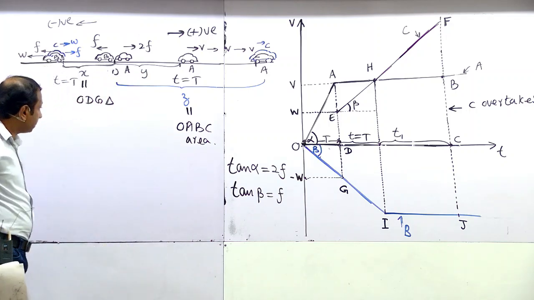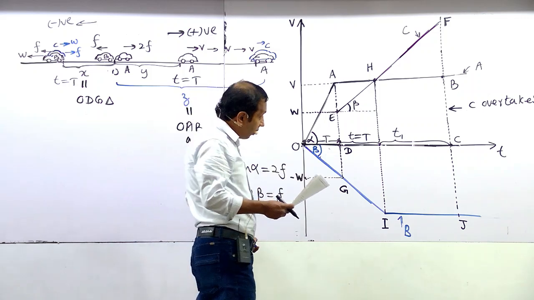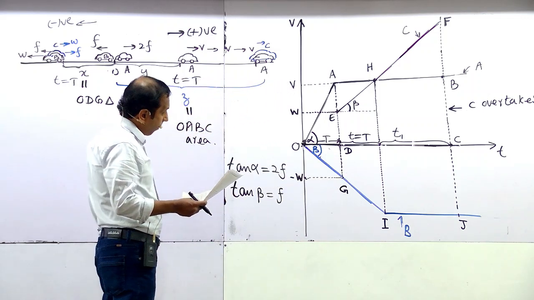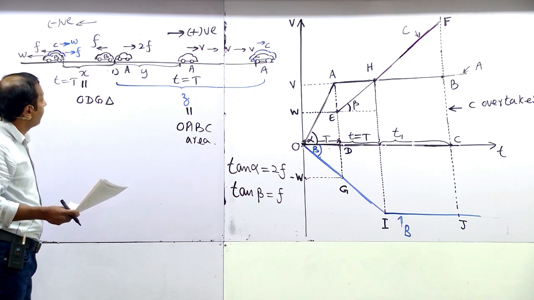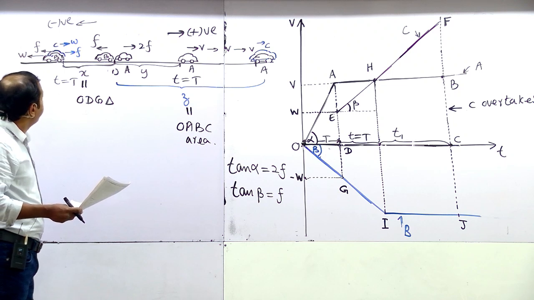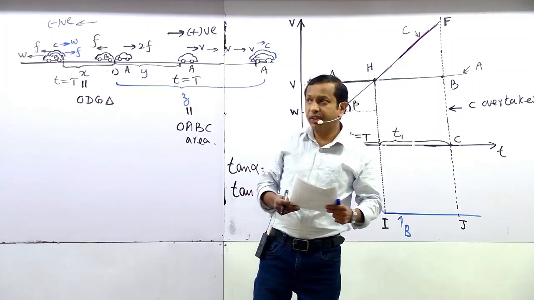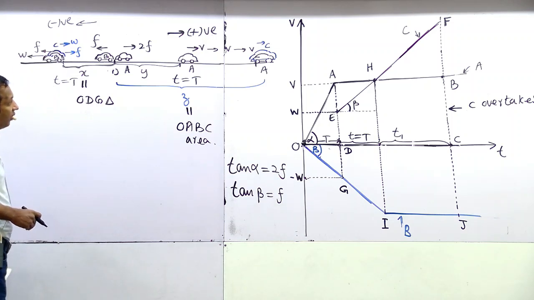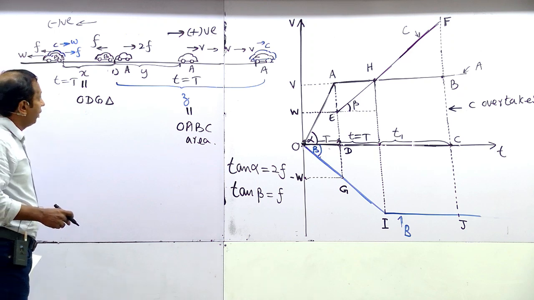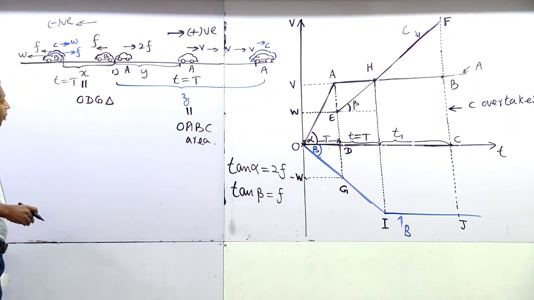Write down like this. When C overtakes A, the distance it moves is X plus Z. Right.